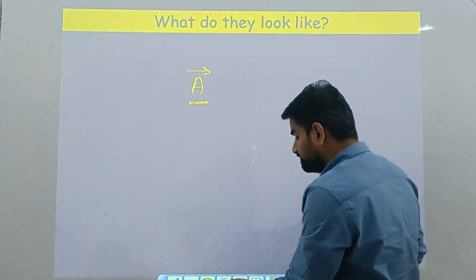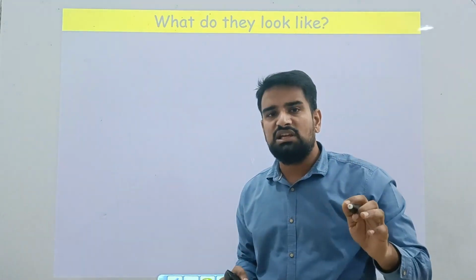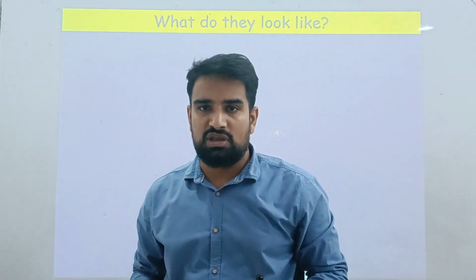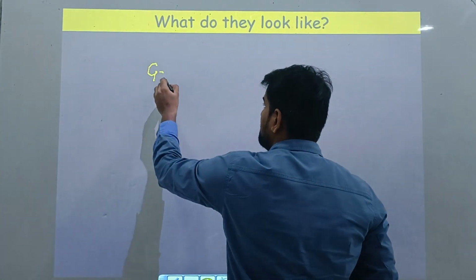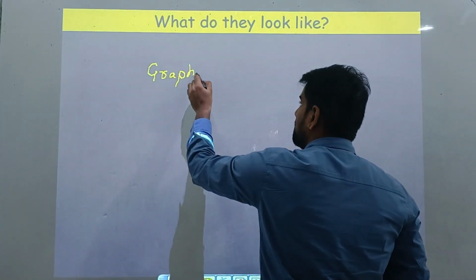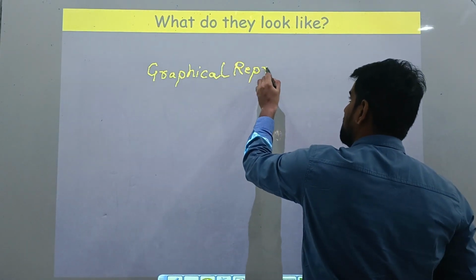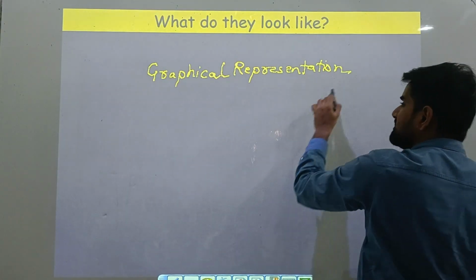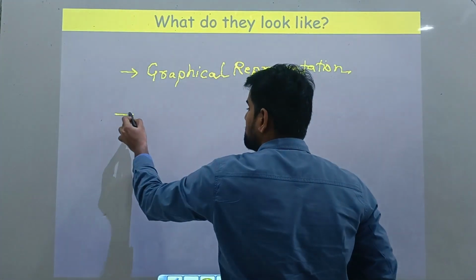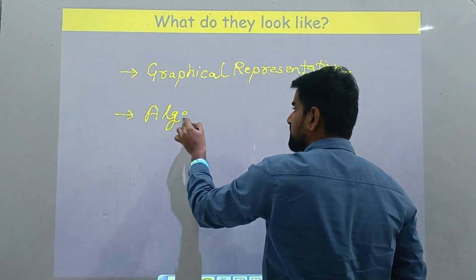Let's move ahead. Now, the representation of the vector is basically of two types. The first representation is graphical representation, and the second representation is algebraic representation.